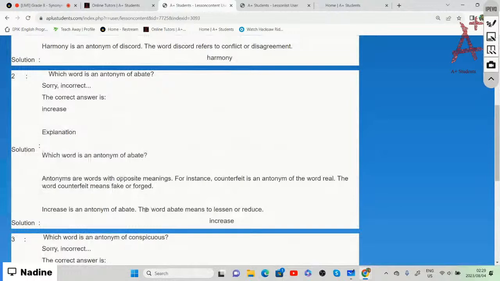So the opposite of abate is to increase, because remember we said abate is to either lessen or reduce, right? So the opposite of abate is increase.